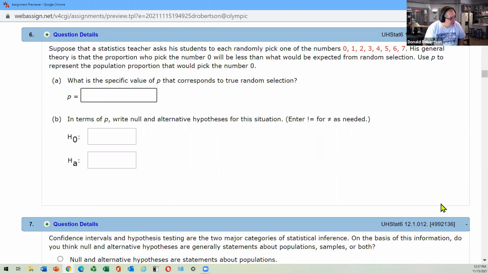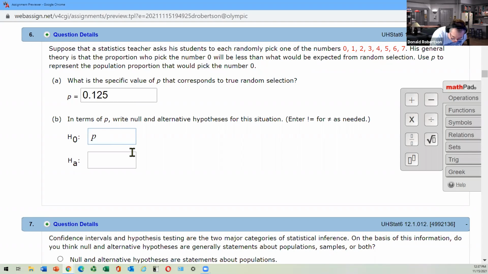If it was truly random, wouldn't you get 1 out of 8? I'll do it as a decimal. Because there's 8 numbers in that list, isn't it? And each one is just as likely as any of the others. And the null hypothesis is that one.